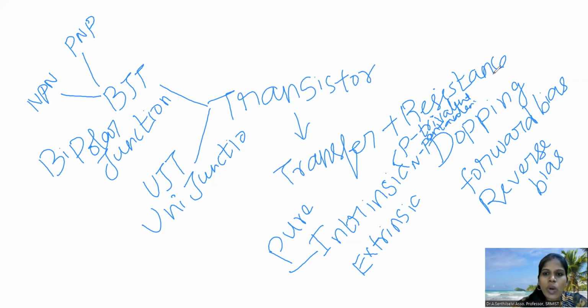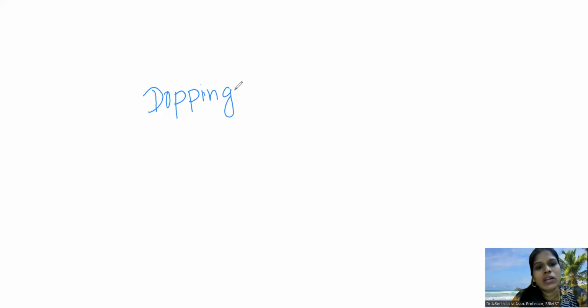So what is doping? Doping is the process of adding impurities to the semiconductor to make the semiconductor involved in the conduction process. What is forward bias?